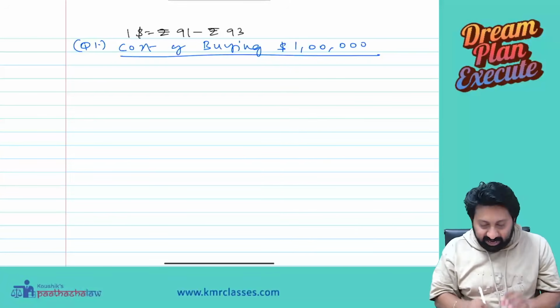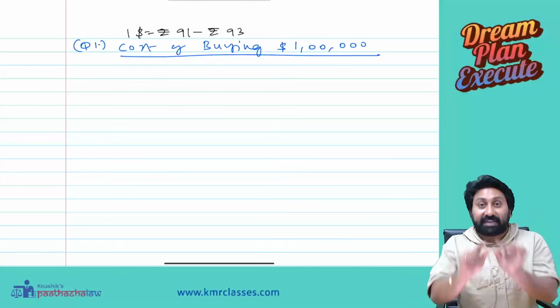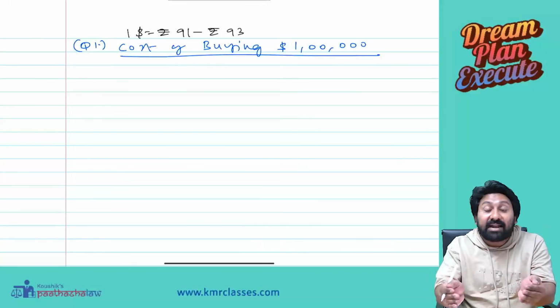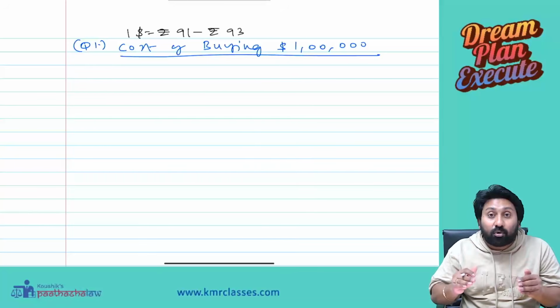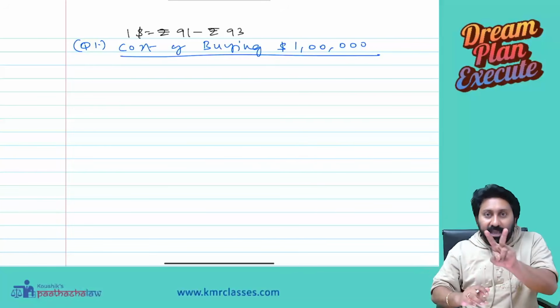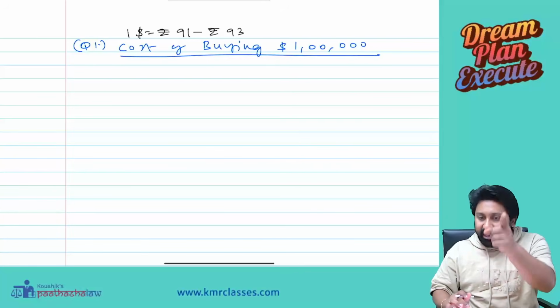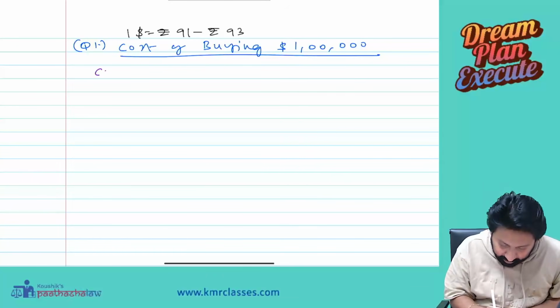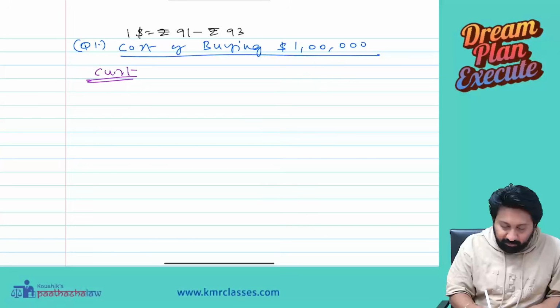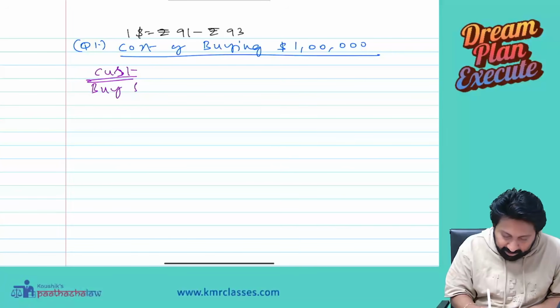So how to understand? Whenever a quotation and a transaction are given, understand the transaction from the customer's point of view, and understand the quotation from the banker's point of view. These two points of confusion lead to your failure in this chapter called Forex. Customer wanted to do what? Buy dollar.